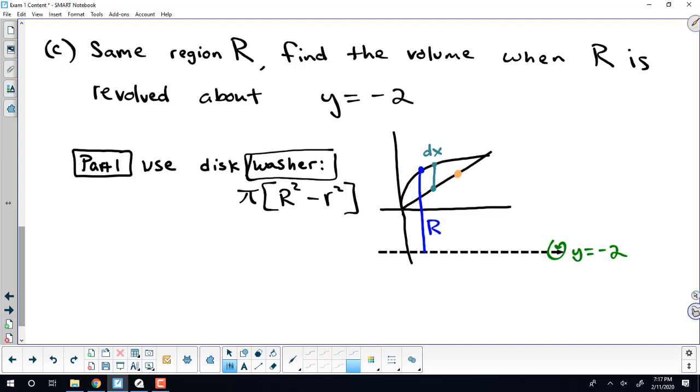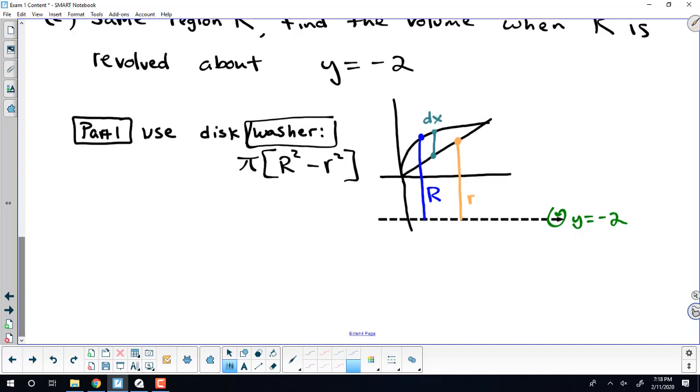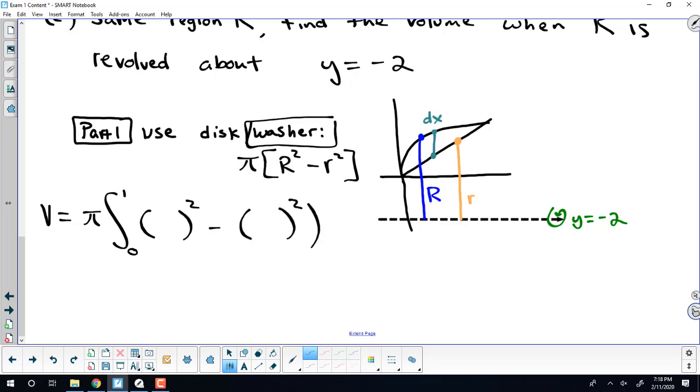From this function to the axis is your lowercase r. So we'll have our volume as pi, integral from 0 to 1, same bound, same region, capital R squared minus lowercase r squared with respect to x.